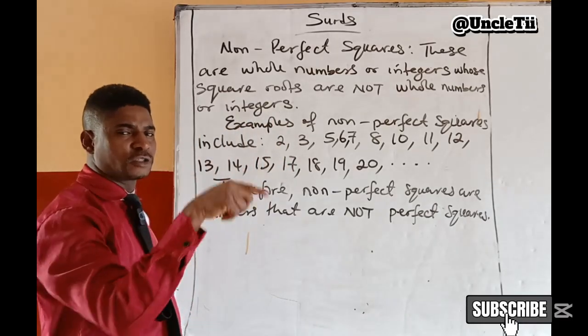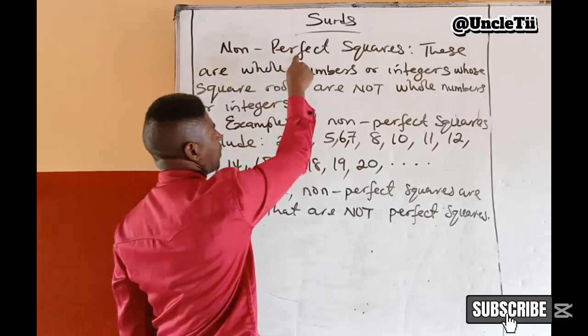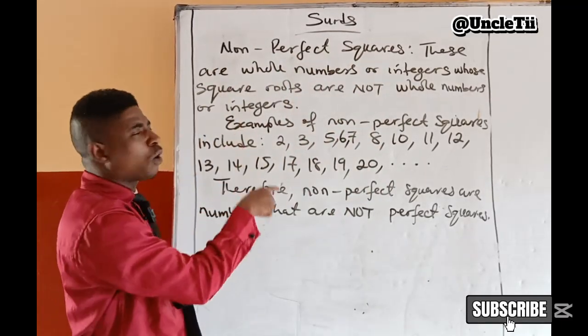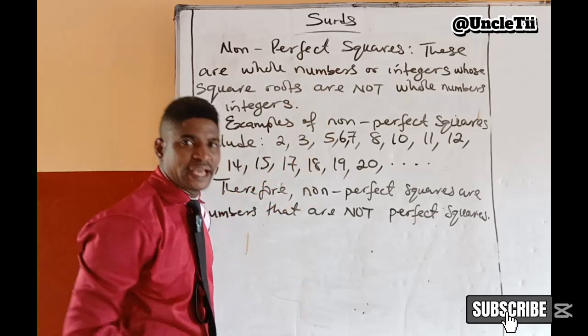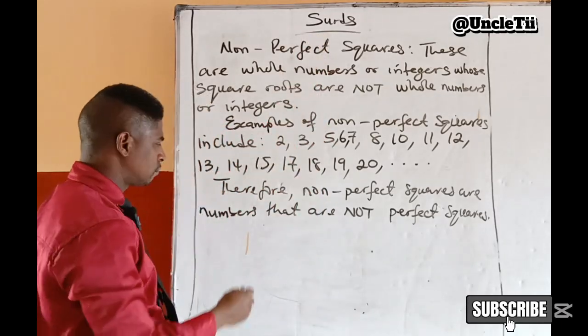Numbers that are not perfect squares are known as non-perfect squares. It is the square root of these non-perfect squares that is called surds.